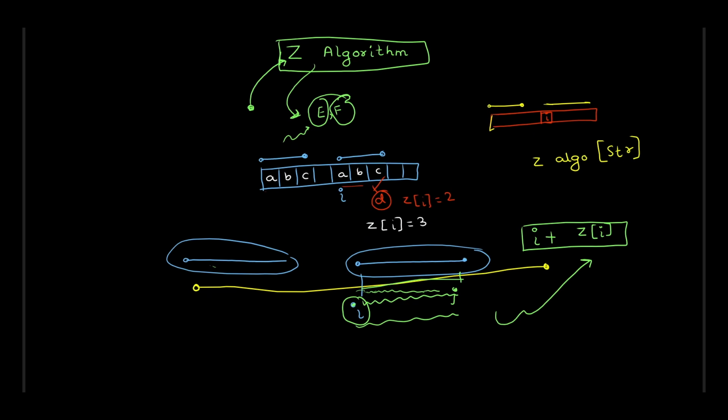So now, if you know the Z value, can you compare if it is a substring or not?